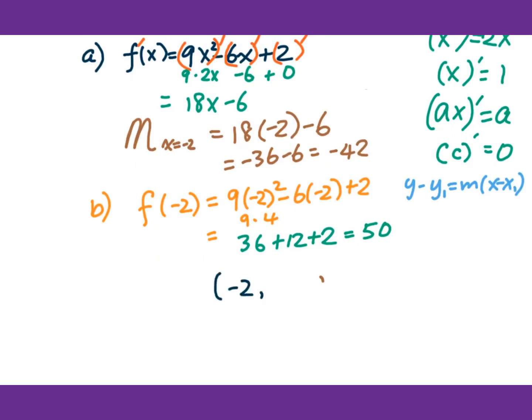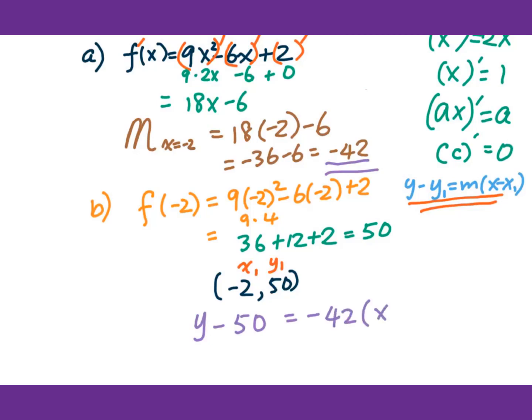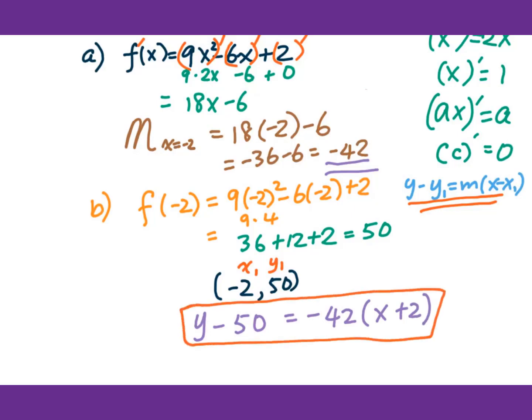Therefore, negative 2 and 50 will be x1, y1. Then we use this formula to get the equation of a tangent line. So equation of tangent line, we got y minus 50 equals slope, it's over here, negative 42 times (x plus 2). This will be the equation of a tangent line.